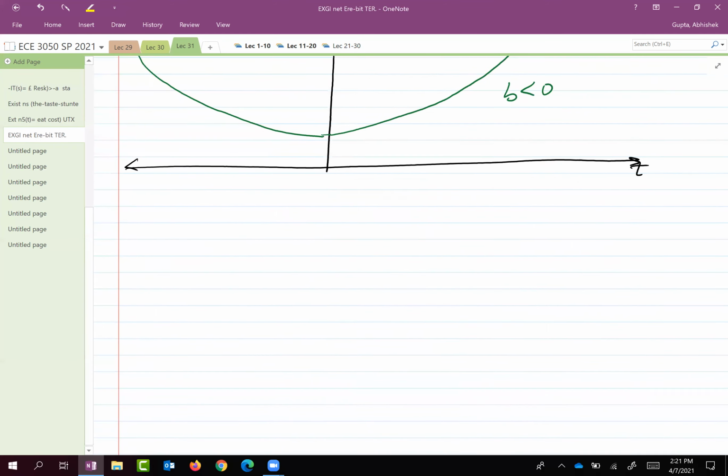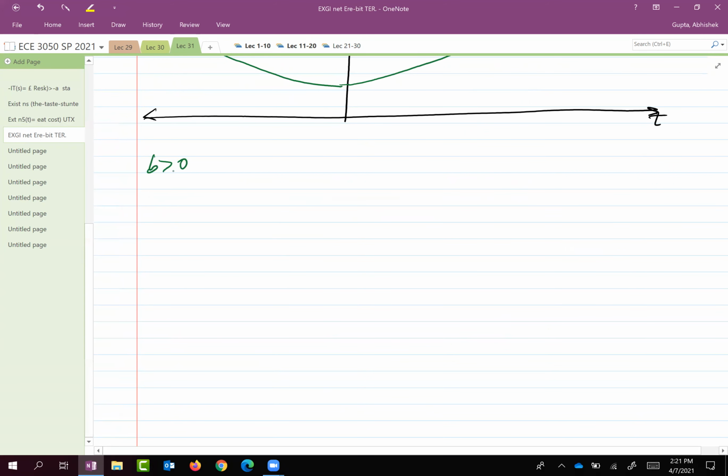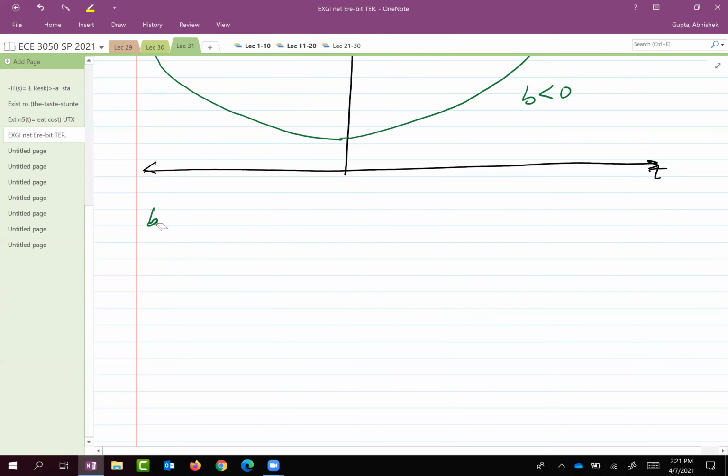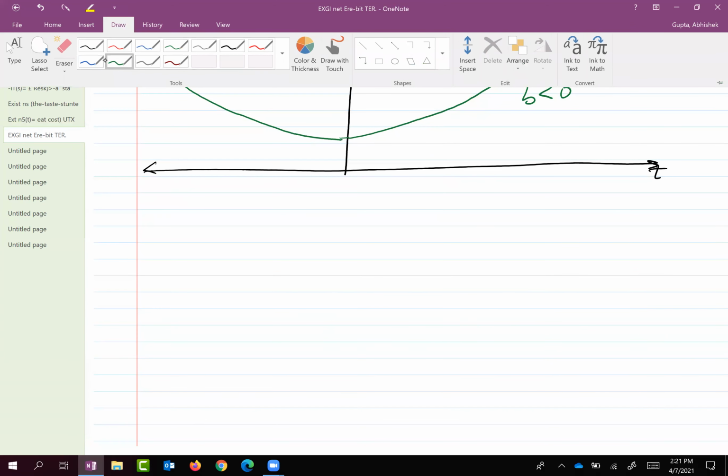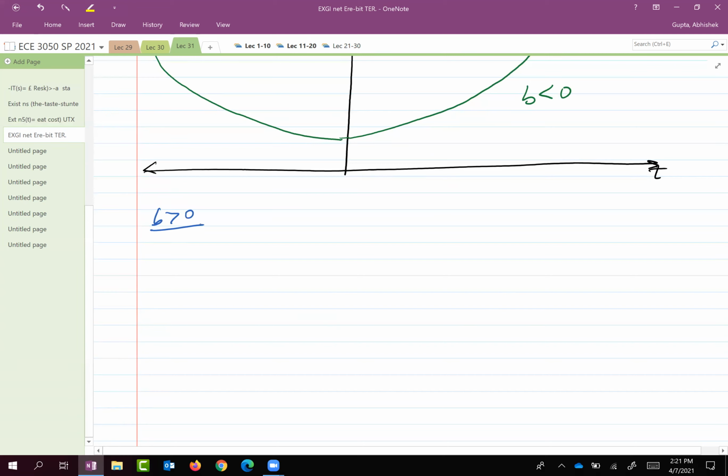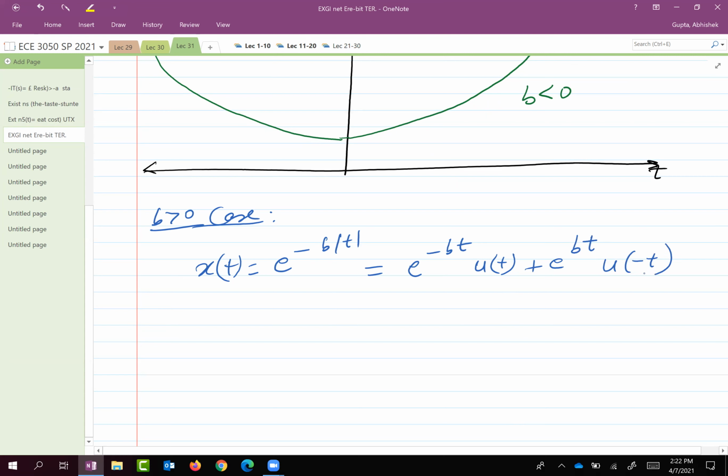No? Let's look at the case of b greater than 0. I'm going to write x of t as e raised to negative b absolute value of t. I'm going to write it as e raised to negative bt ut, plus e raised to bt u minus t.